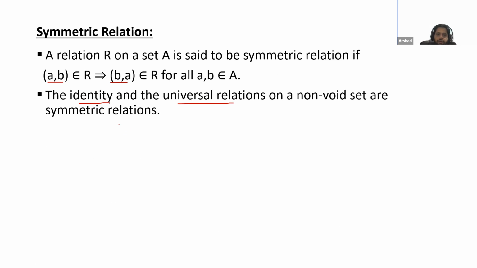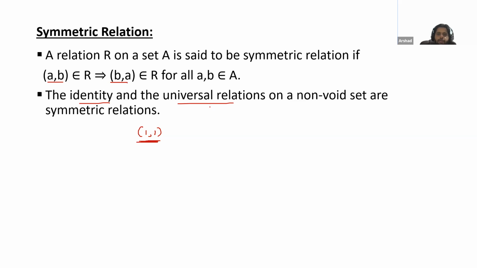Why is identity symmetric? Because 1 comma 1 is there and its opposite is also 1 comma 1, the same ordered pair. That's why this is a symmetric relation. Why is universal a symmetric relation?